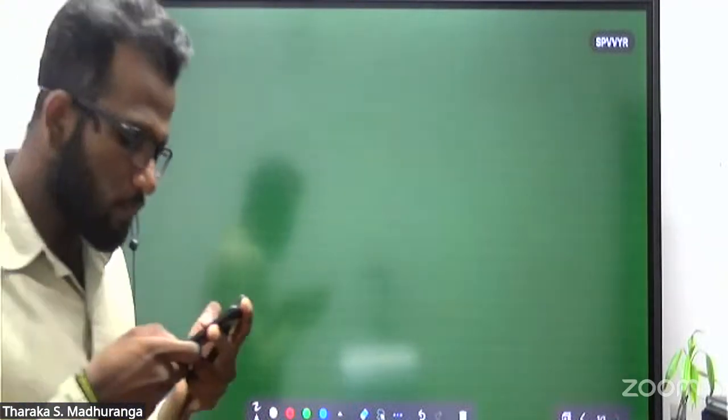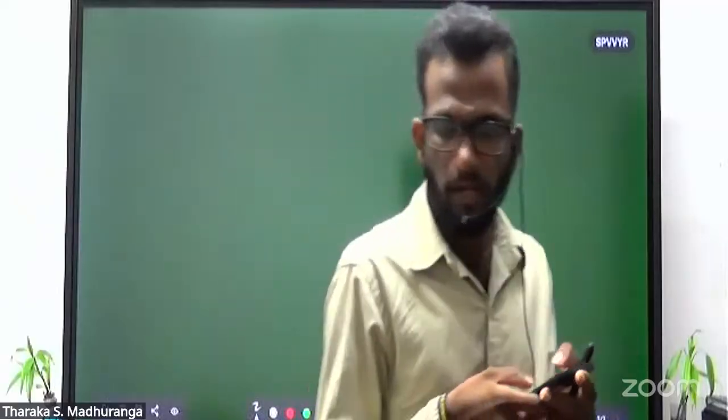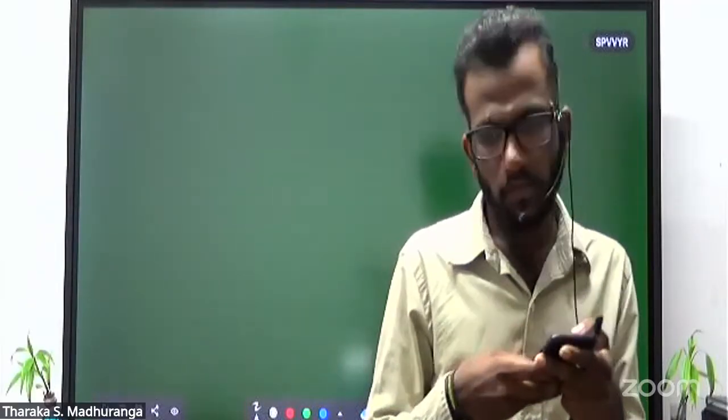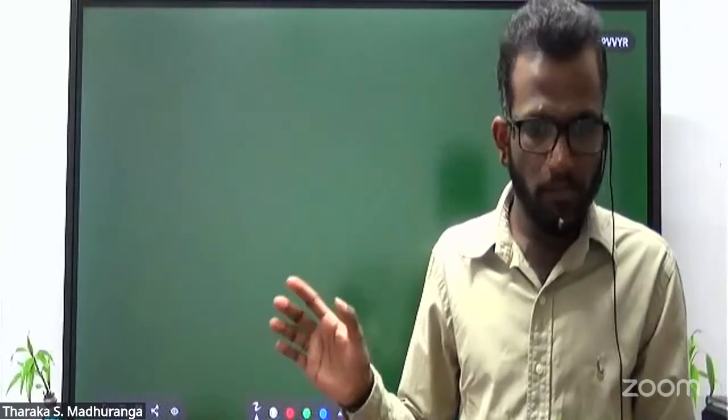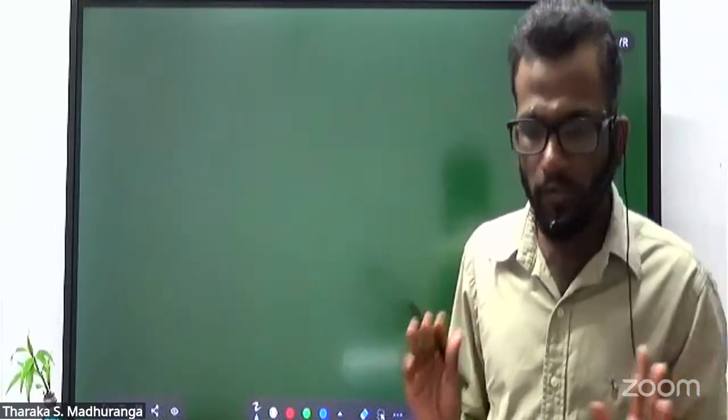How many lessons do you have ready? 1, 2, 3, 4, 5, 6, 7. Only 7 lessons. Simple exam. And this is our 8th lesson, coordinate geometry. No question from coordinate geometry.